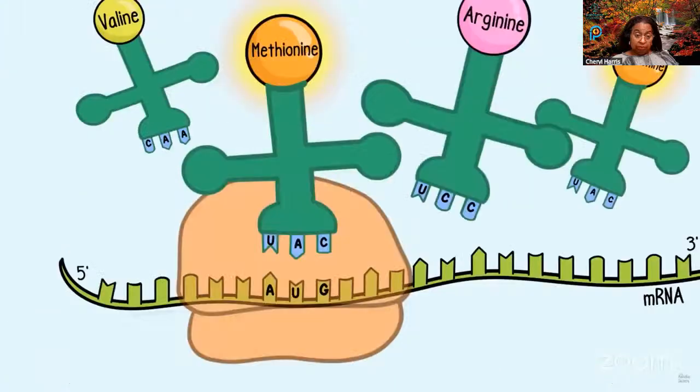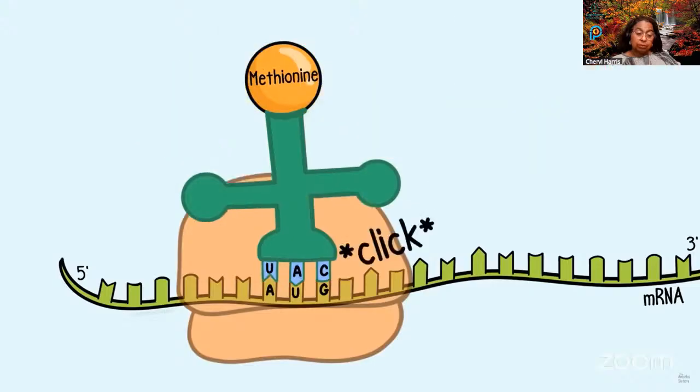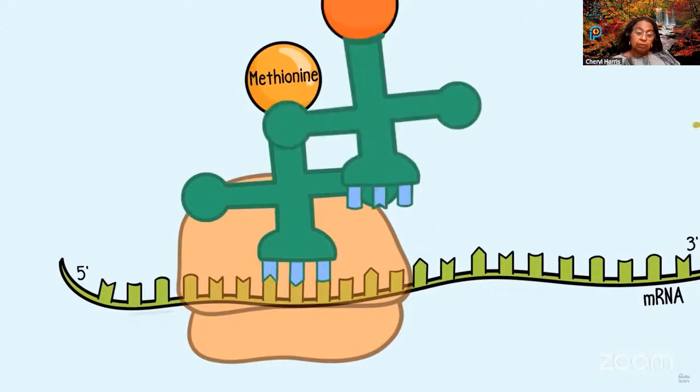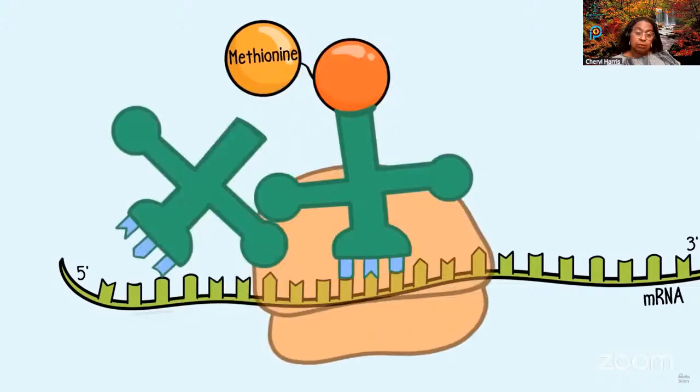All tRNAs that have the anticodon UAC will be carrying an amino acid called methionine. A tRNA with the UAC anticodon comes in to pair with the complementary AUG codon on the mRNA. It transfers the amino acid it carries, methionine. The tRNA will eventually leave, but it will leave behind its amino acid. That's the first amino acid before looking at the next codon.